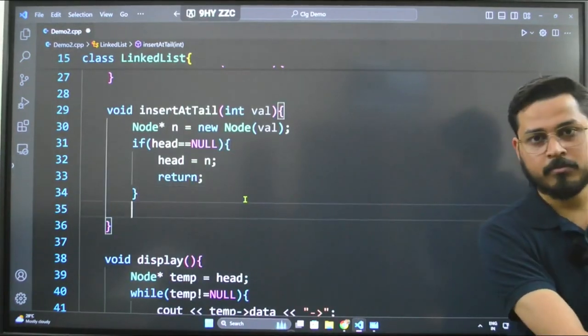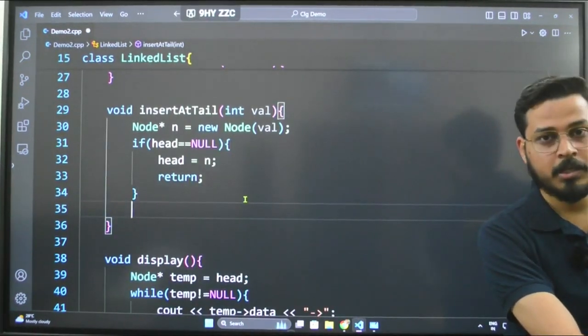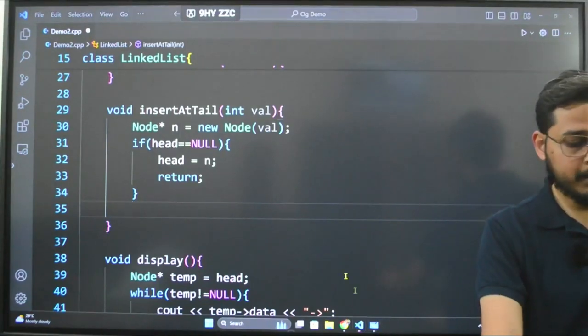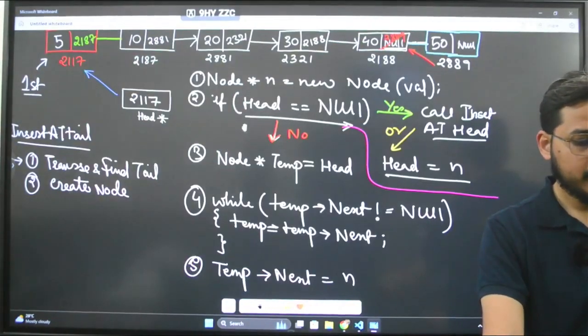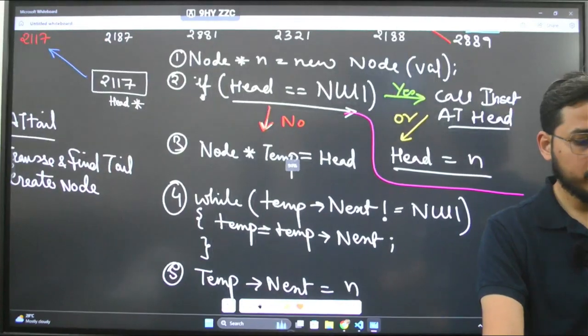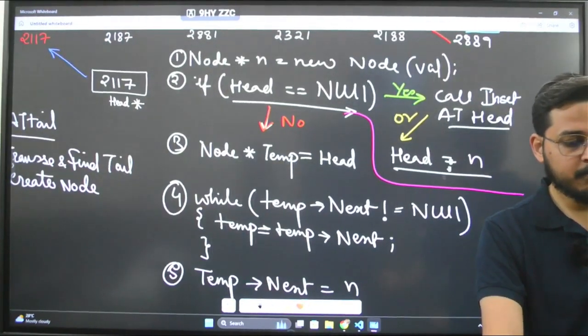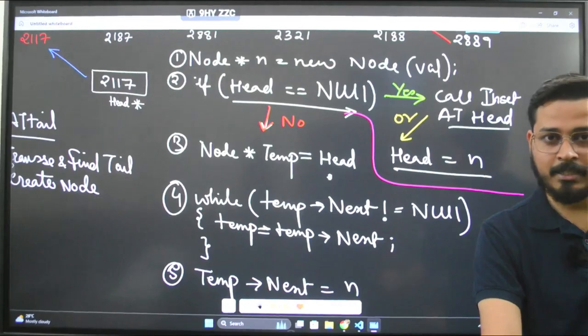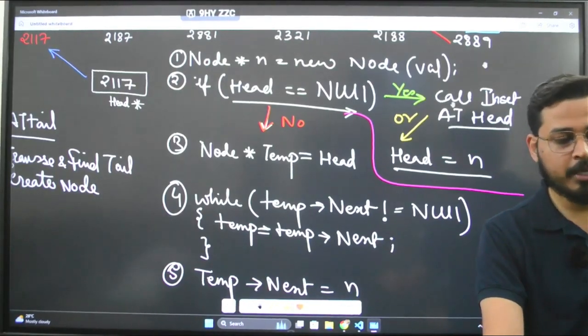Later on, what will we do? What was our logic? Our logic said that after this part is done, now create the temp variable, take it to the last node and then insert it.